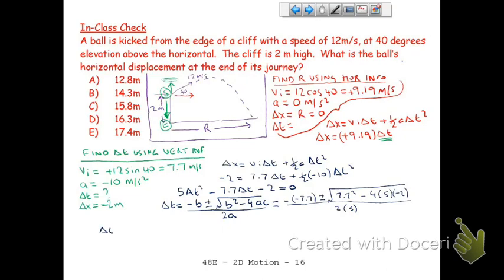So delta t is going to equal 7.7 plus or minus the square root of 7.7 squared, 59.3, minus and minus makes plus.